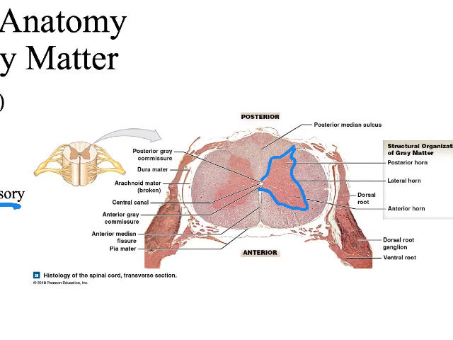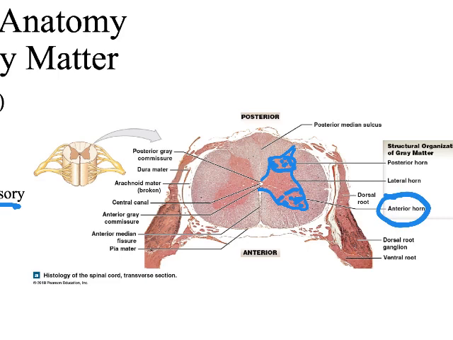So if we come back out here and take a look, we'll talk about the anterior horn, right? That's basically this section of the gray matter, and that's going to be the somatic motor. And then the posterior horn, that's going to be basically this area, and that's going to give you sensation, both somatic and visceral.